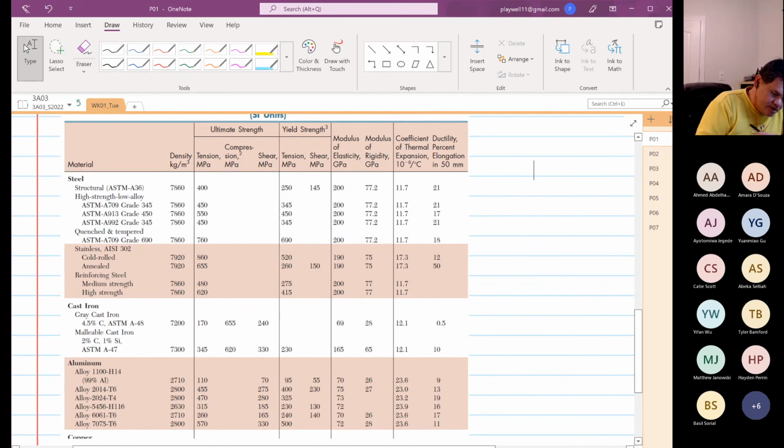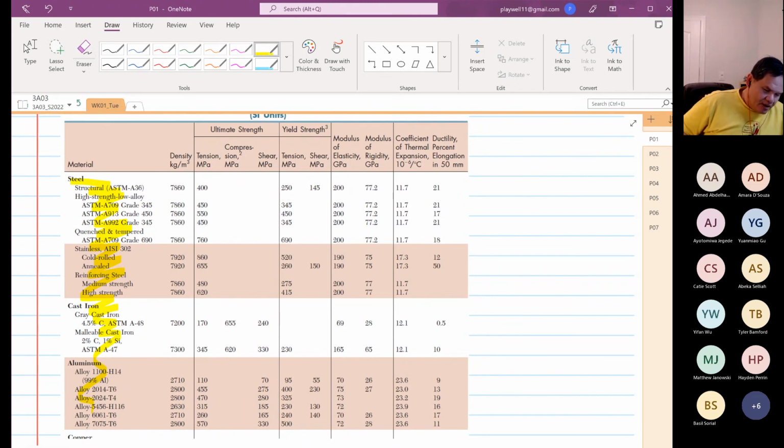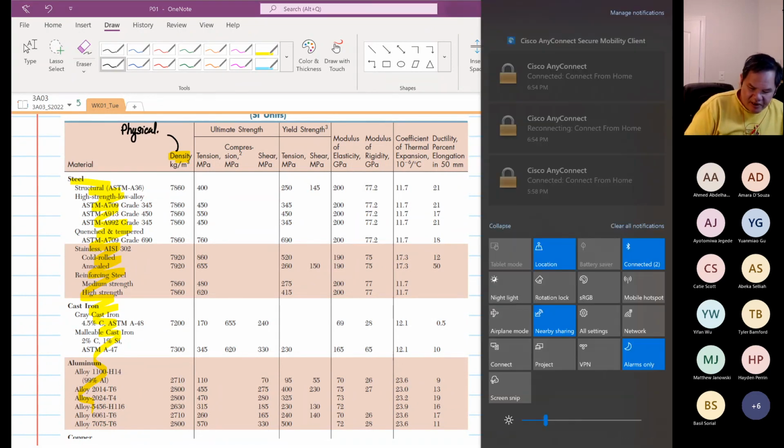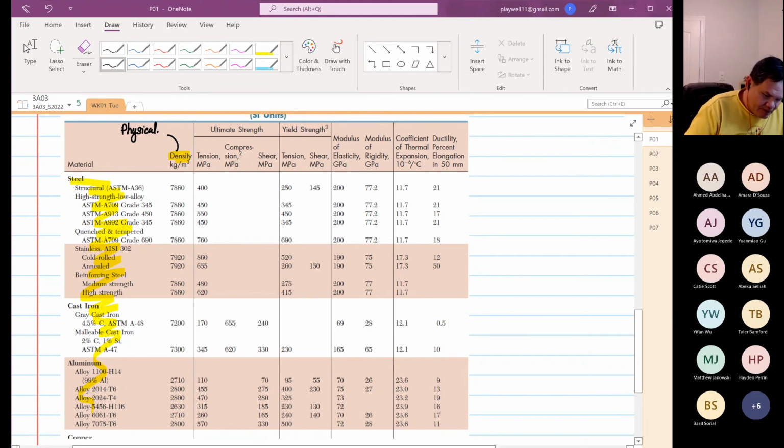You can see a listing of different material types: steel, cast iron, and aluminum. Then the next column is density. Density is what we usually call a physical property. It is not a mechanical property; it's what we classify as a physical property.